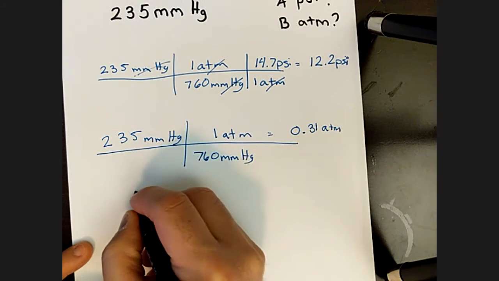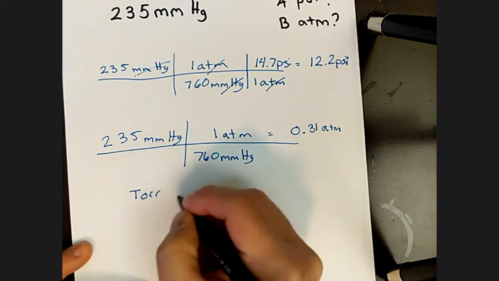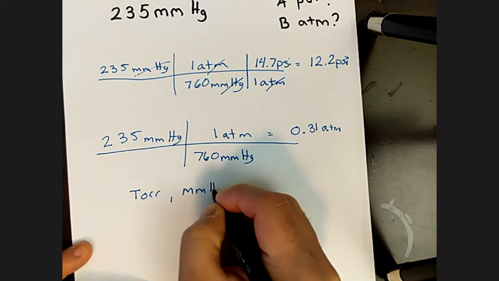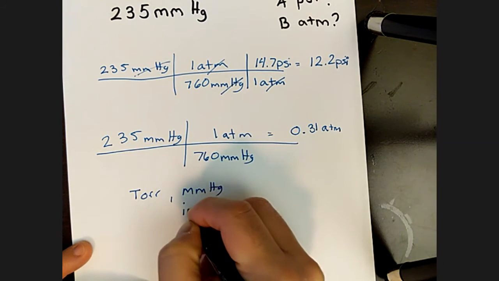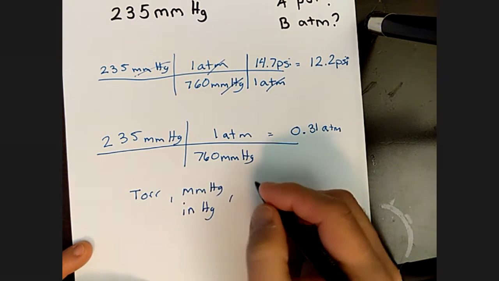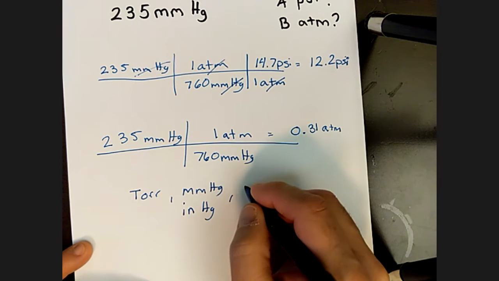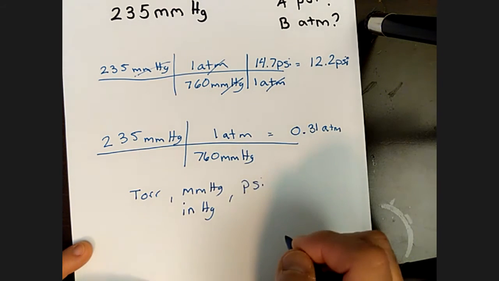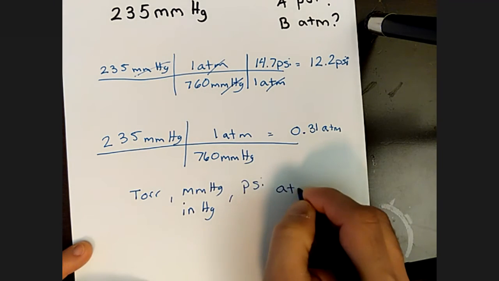There's a variety of these kinds of pressure units that you may see in the beginning of a gas chapter. You have torr, you have millimeters of mercury. You may even see inches of mercury, some US units in there. Obviously PSI, ATM.